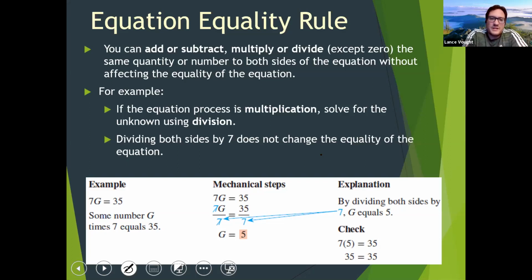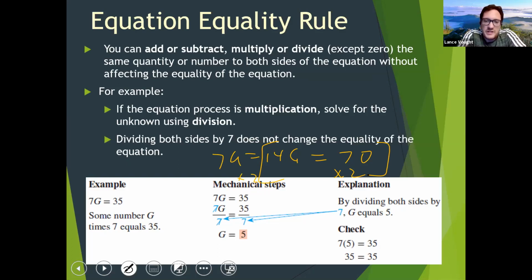So like if we wanted to make 7G into 14G, we could turn 35 into 70 because we multiplied by 2 on both sides. So what this is really saying is that you can scale up, scale down, do whatever you want as long as you're consistent with both sides. It won't change the ultimate answer.